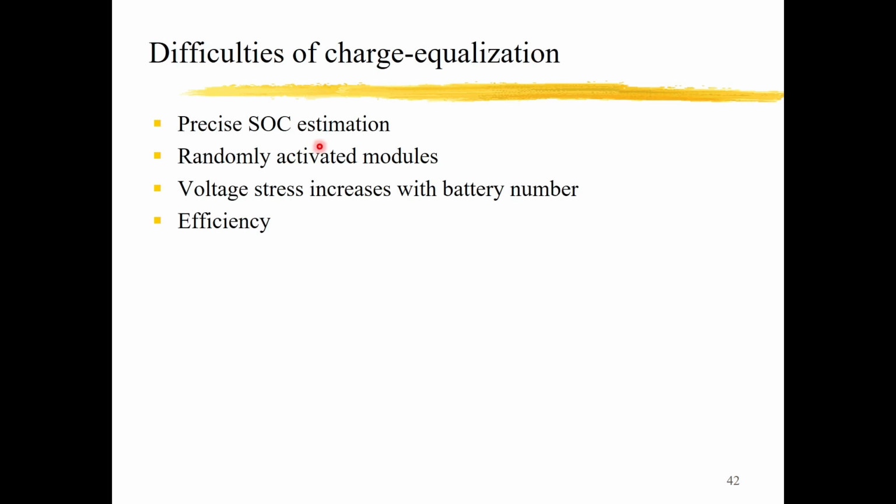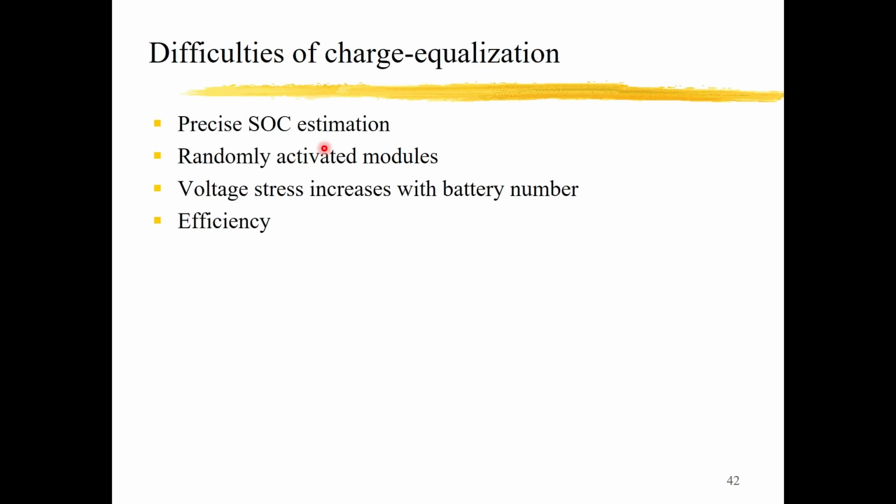Remember that last week I introduced one kind of battery, the lithium iron phosphate battery, the LFP battery. The feature of the LFP battery is that it has a very flat voltage region.